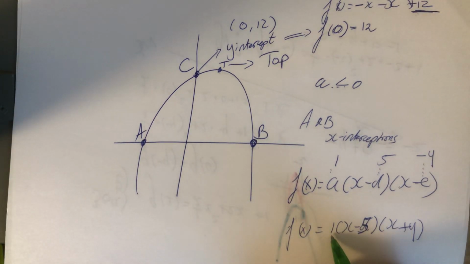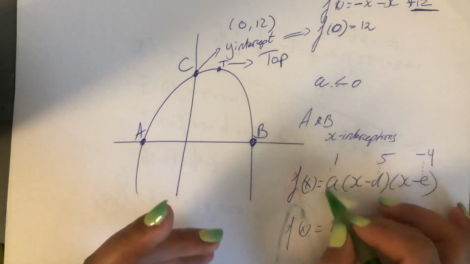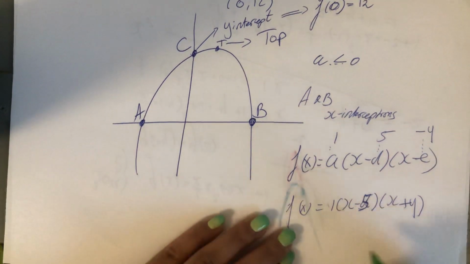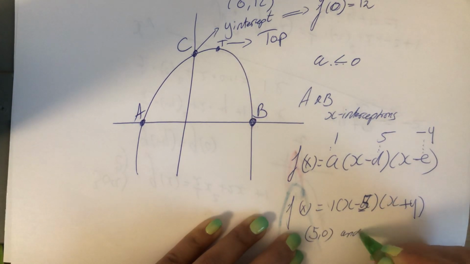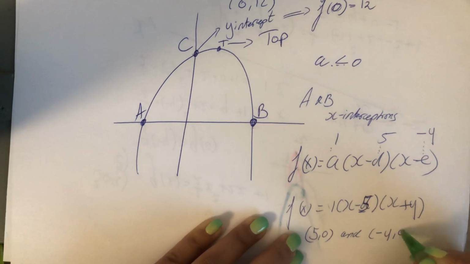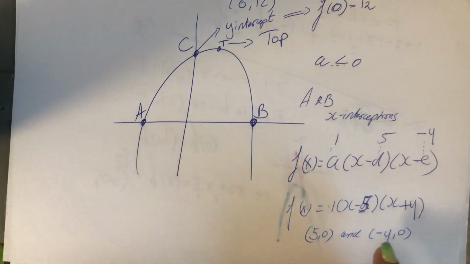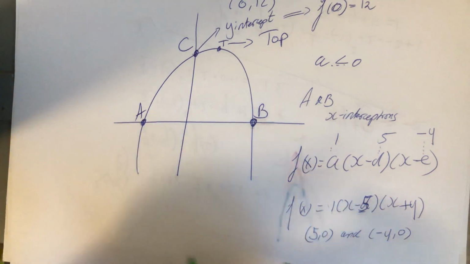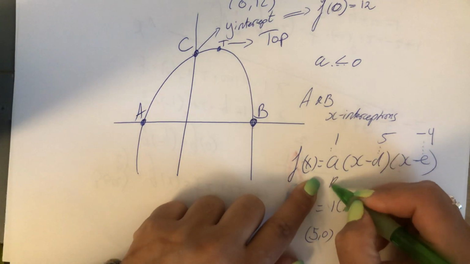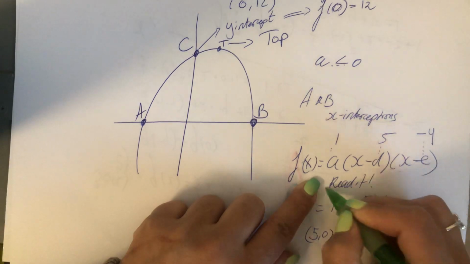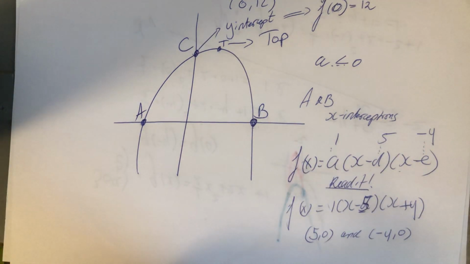The a could be anything. Then my coordinates would be 5, 0 and minus 4, 0, since this one is positive. So with this generic form, you can read it. You don't need to calculate.